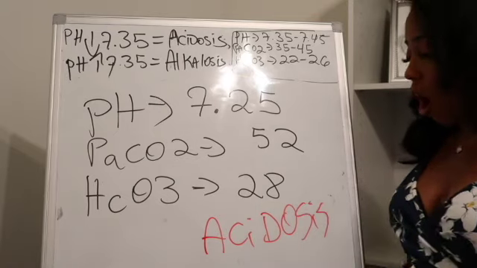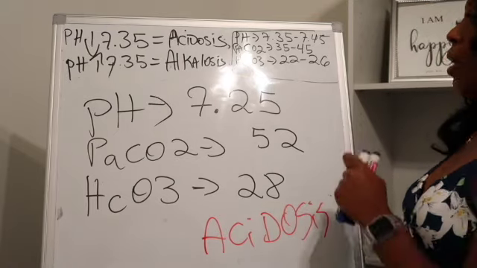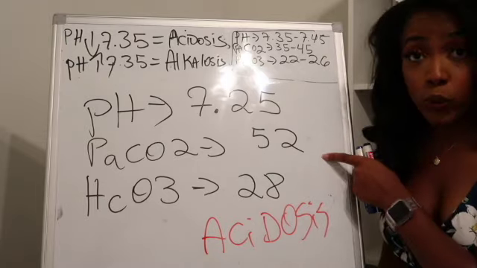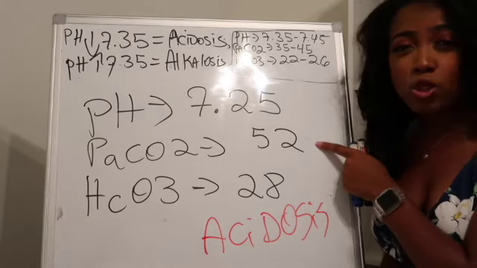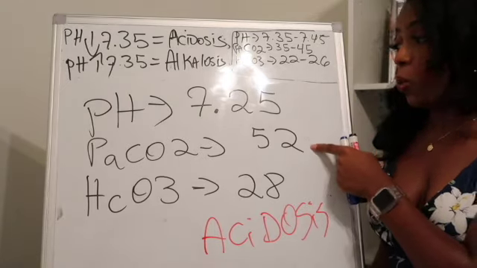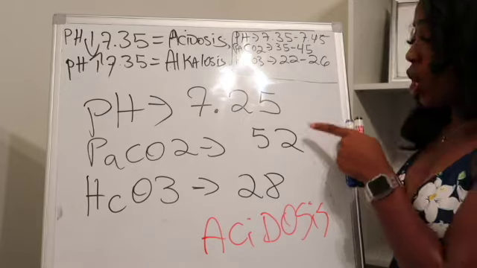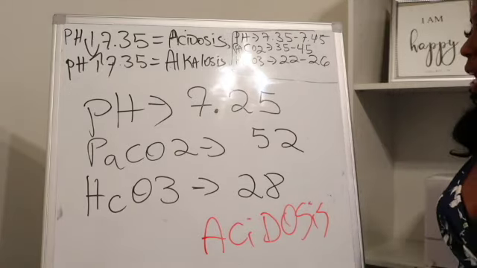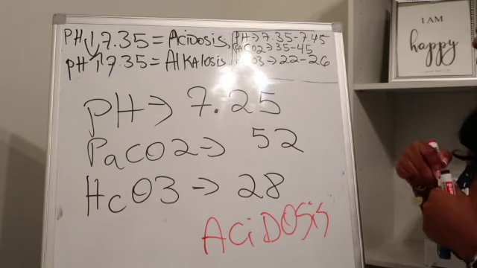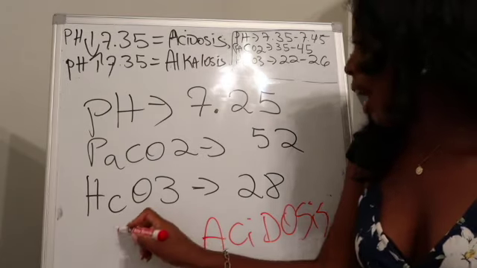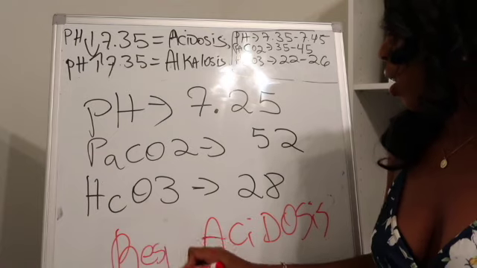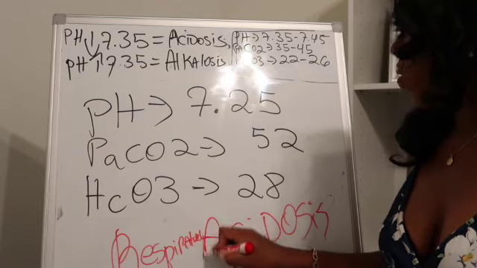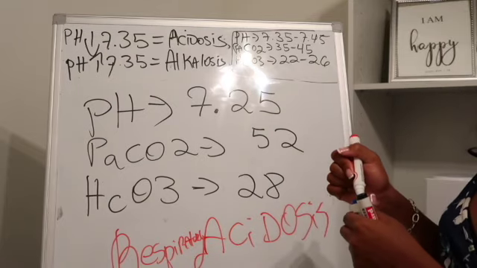So this is the cause of the acidosis, because normal PaCO2 is 35 to 45. This number says 52, okay? That is way too much carbon dioxide within the body. That is way too much carbon dioxide that the lungs are retaining and therefore transferring to the blood. So we already know that it is respiratory acidosis.